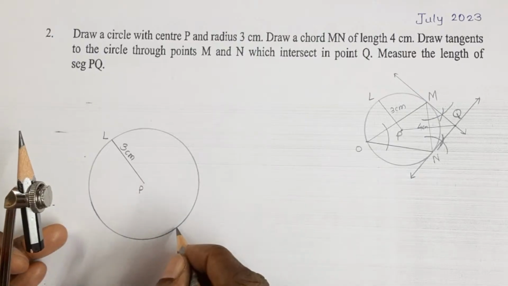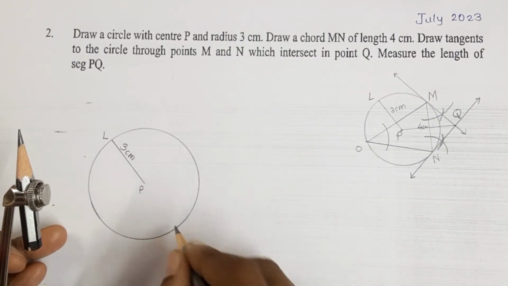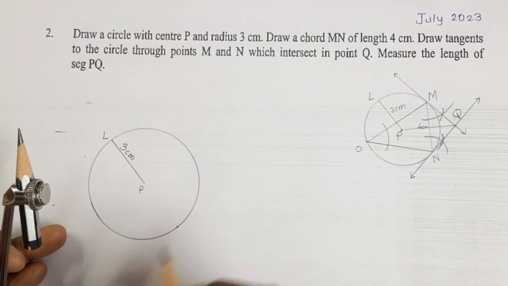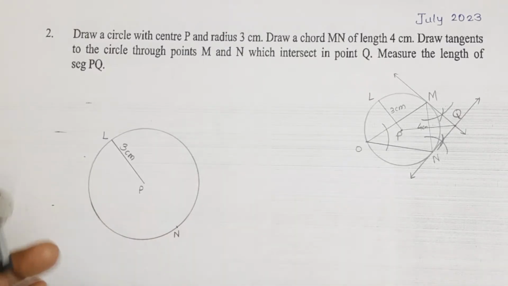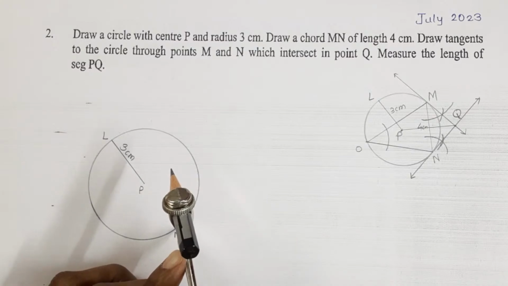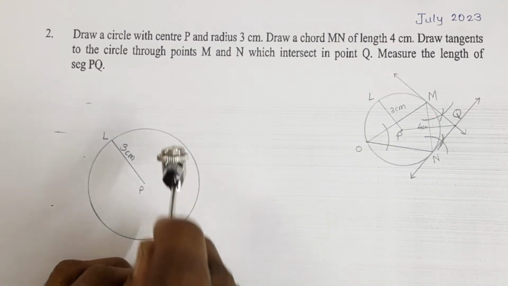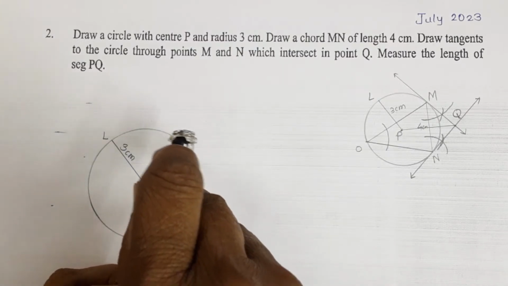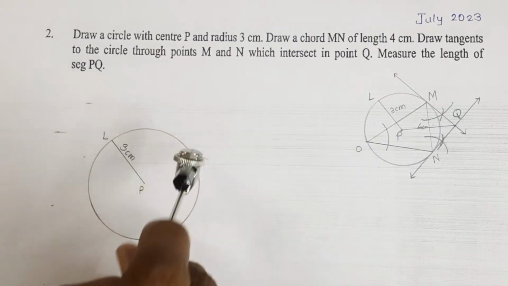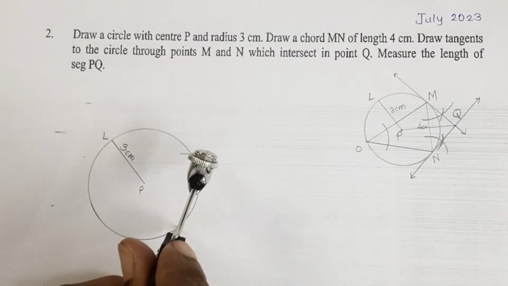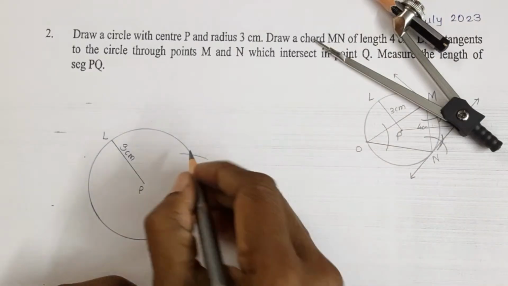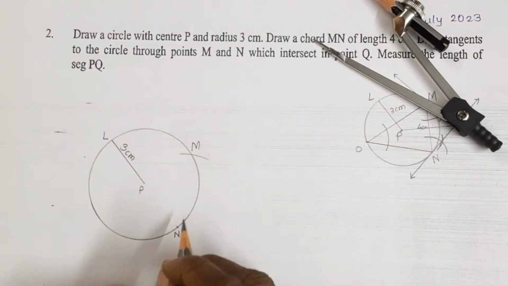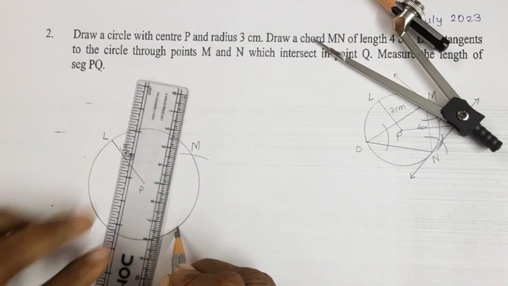I mark this here, students, as N. So now from N we get the point at 4 centimeter. So this is 4 centimeter. Here, student, this is the M point, and draw the chord.